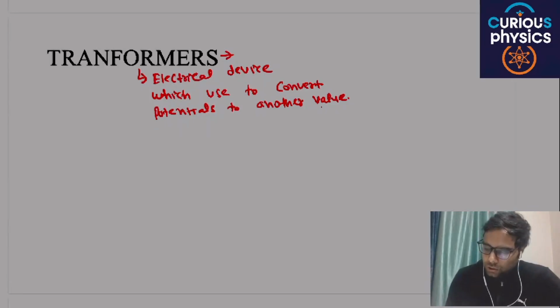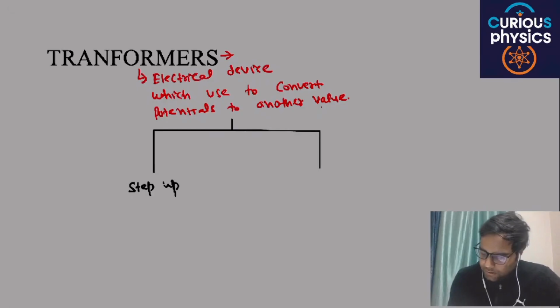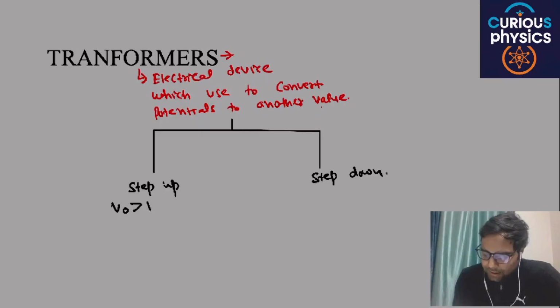The transformer is of two types. One is step up and the other one is step down. In case of step up, the output voltage is greater than input voltage, and in case of step down, output voltage is less than input voltage.